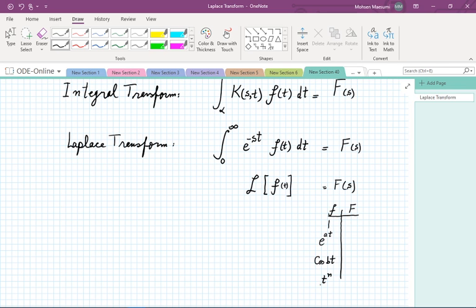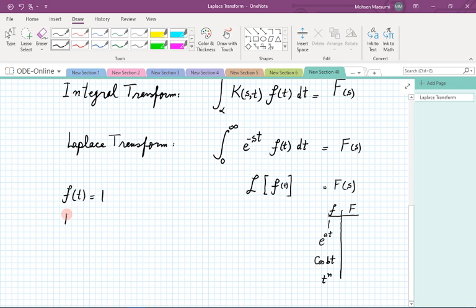Of course, the simplest, most trivial function will be 0. If you put 0 here, that function also turns out to be 0. So that's not all that interesting. So the first non-trivial case will be a constant function. So I'm going to consider a constant function f of t equal to 1, which means for all times it's just stuck at 1.